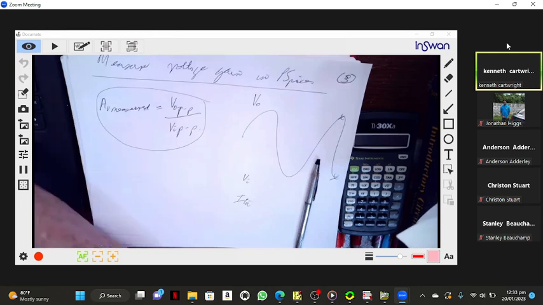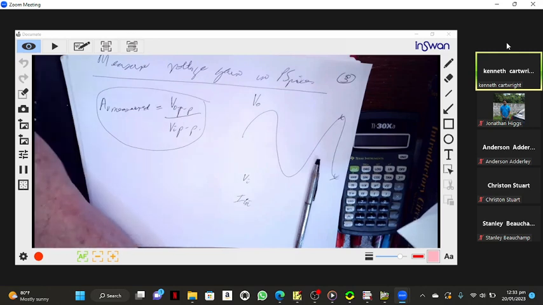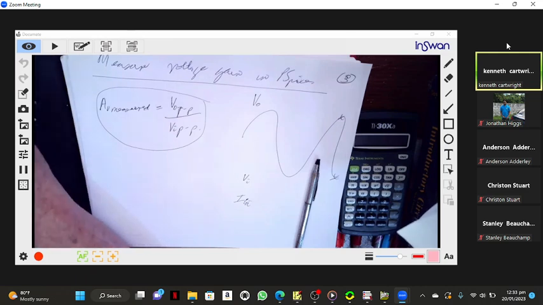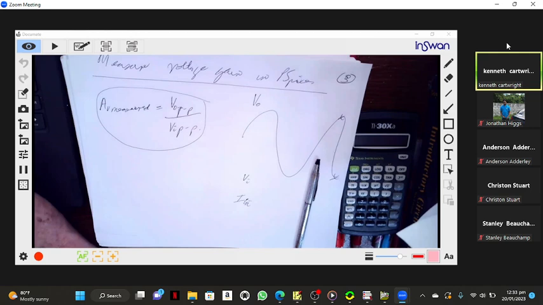Be sure the input impedance is at least 10,000 kilo ohms. Okay. All right. Did I cover everything?